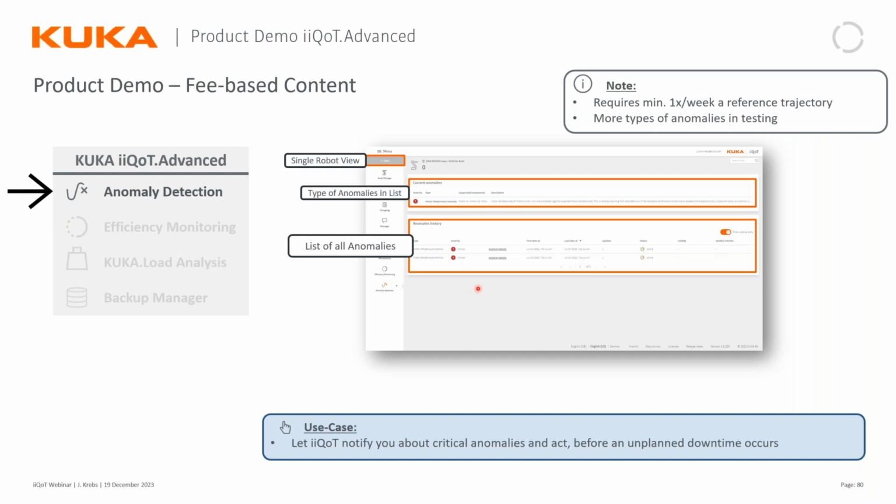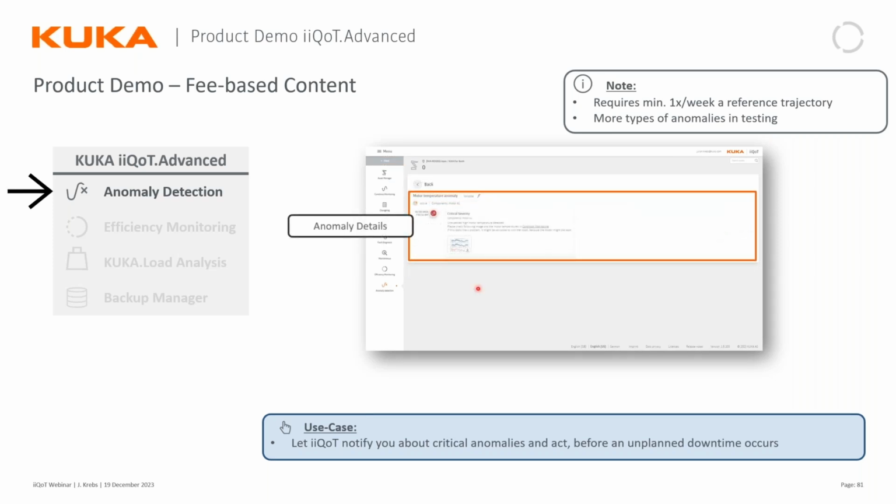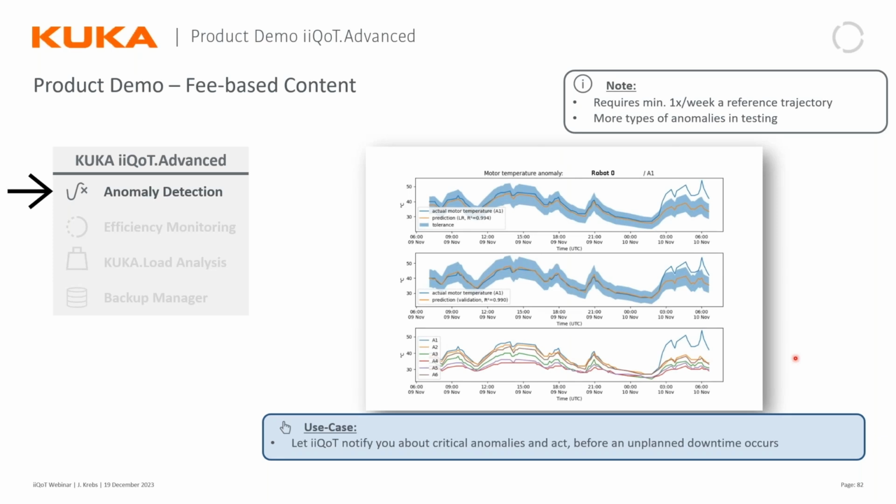If I click on that specific anomaly, I can look into it, and it looks like this. We have the proof of anomaly, where I can click on this condition monitor button, and it will show me that specific robot in condition monitoring on the specific timeline where it happened. Or I can use that little screenshot here. We provide screenshots for all of our anomalies, and it will look like this.